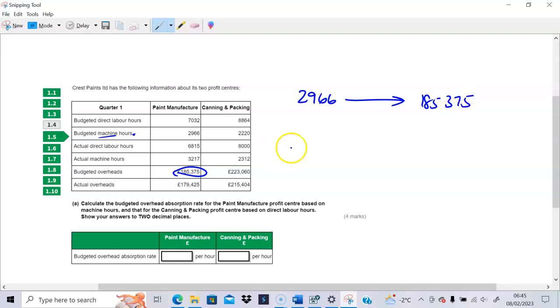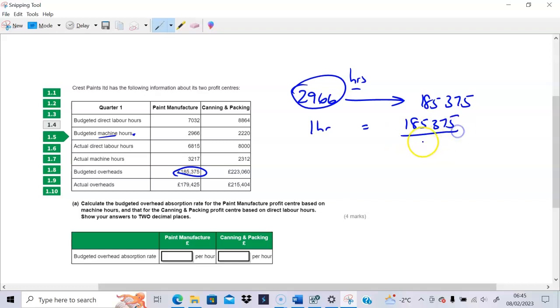So we must have looked in previous years and observed a total cost of 185,375 for a total of 2,966 hours.